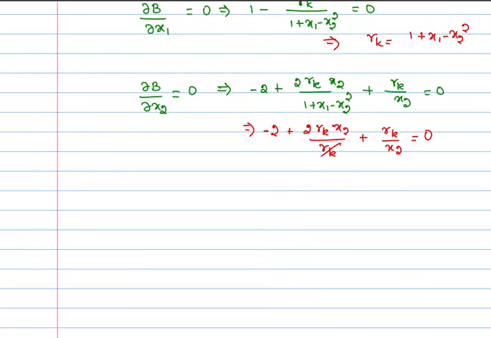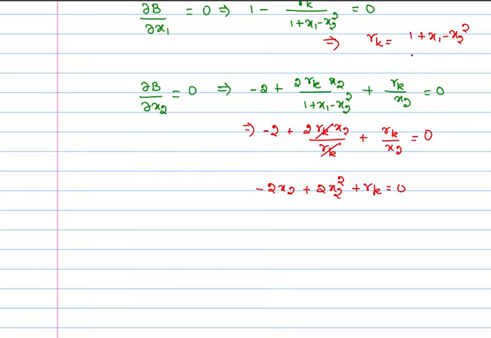So the rk values cancel each other. Then you multiply by x2 on both sides. So minus 2 times x2 plus 2 times x2 square plus rk equal to 0.